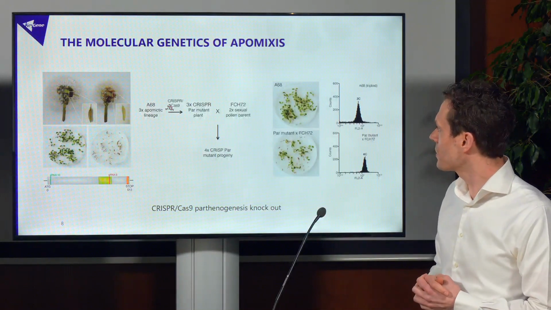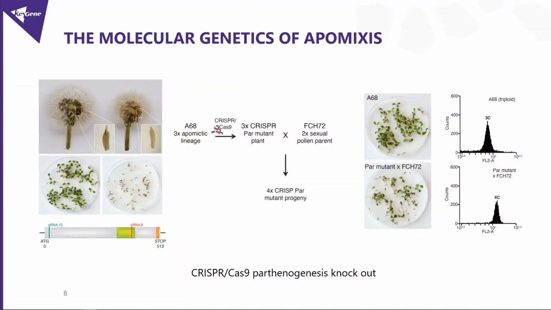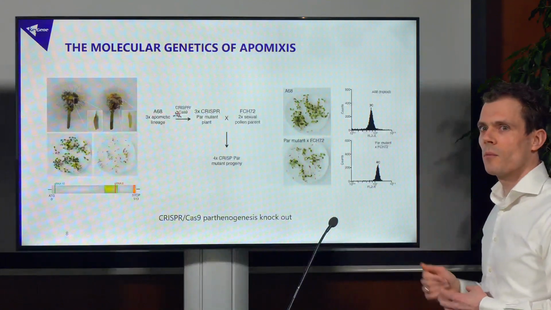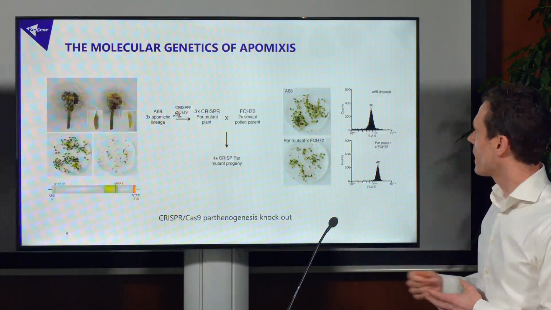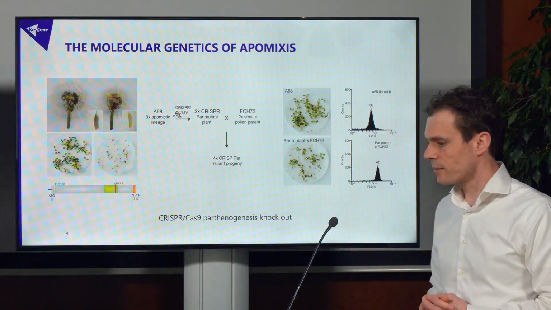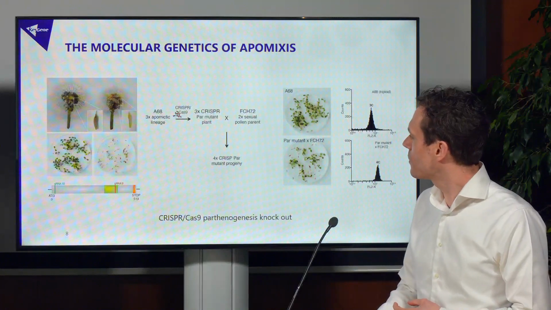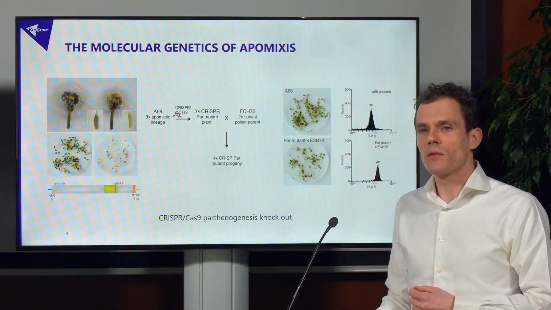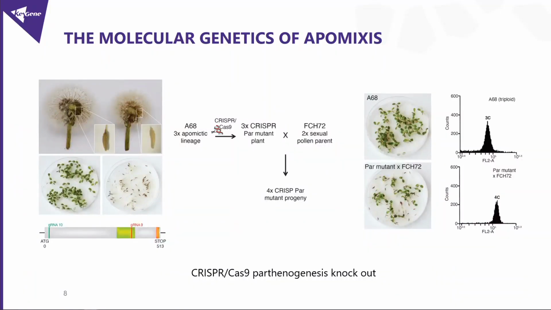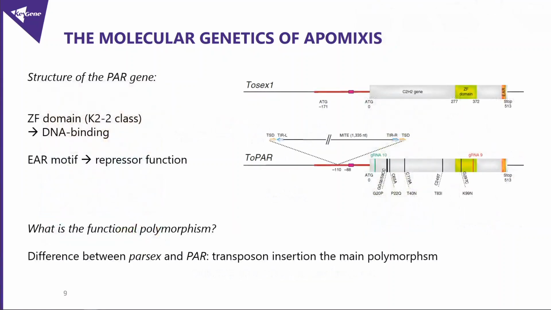And these crosses indeed yielded tetraploid plants. So having the 3 copies of the apomictic plant with 1 reduced pollen copy of the sexual plant giving rise to tetraploid plants, which is confirmed by the flow cytometry result here, and it resulted in fertile offspring. So having knocked out the gene and getting this phenotype, this was a very nice piece of evidence that this is the gene for parthenogenesis in the common dandelion.